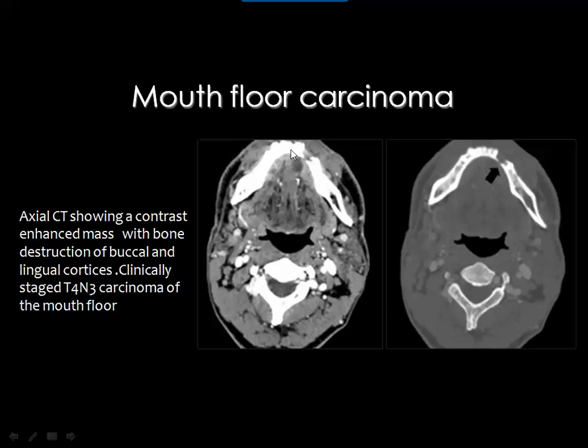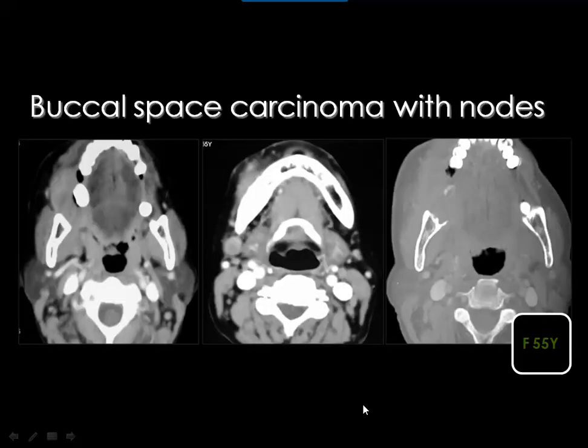Then you see a tumor here in the mouth floor, anteriorly to the left, and is associated with destruction of the adjacent mandibular margin with possible tumor extension beyond the confinement of the mandible.